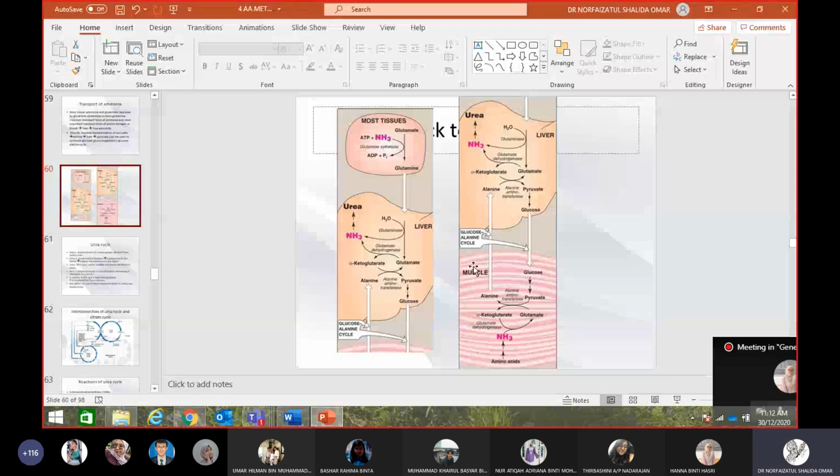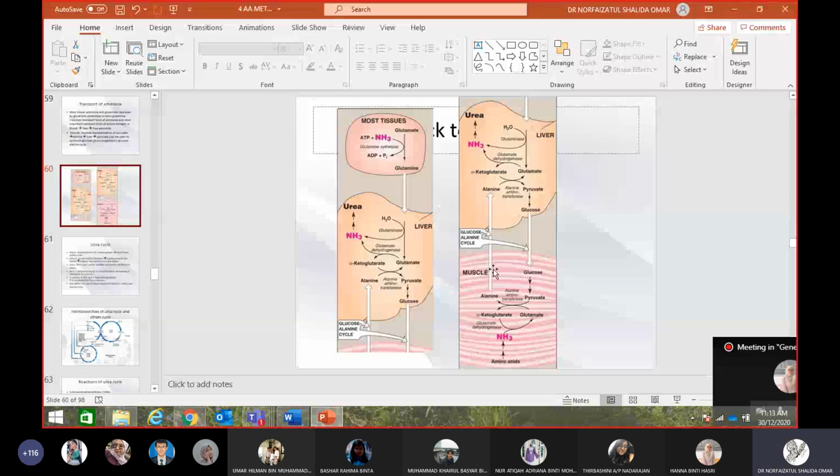So this one occurs in the muscle. Again, glutamine comes from other tissues, whereas alanine comes from the muscle. That is the difference between the muscle and the other tissues.